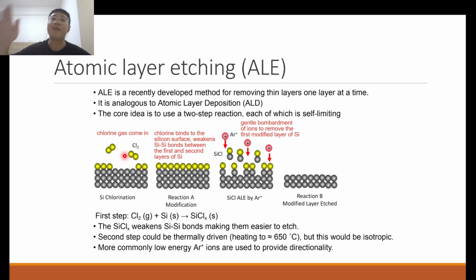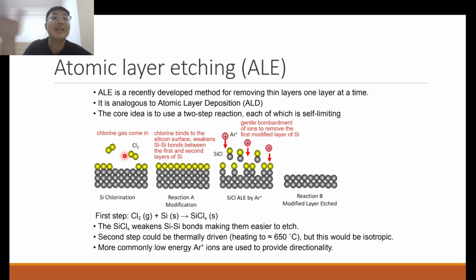there's a gentle bombardment of the wafer with ions. And so the top layer of silicon atoms that have bound to the chlorine atoms are more easily removed by the gentle ion bombardment, because the formation of the Si-Cl bonds during the binding process weakens the Si-Si bond in the material.